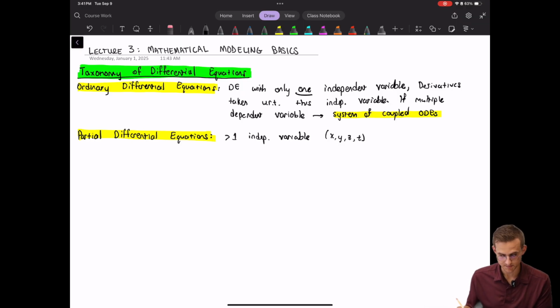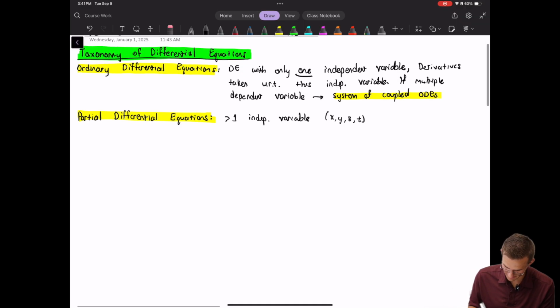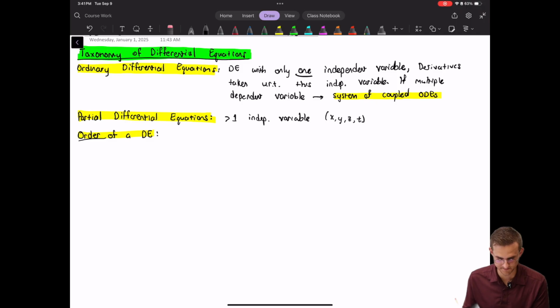in most cases, when you're solving physics problems. So what do we mean by order of a differential equation? This is the order of the highest derivative in the differential equation.